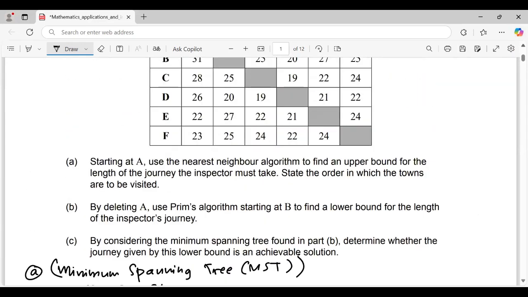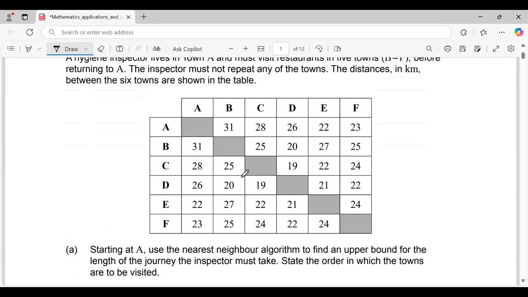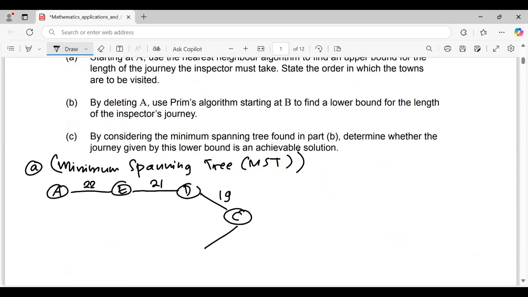So according to this theory that we cannot repeat, it means after 19, E already visited. We have visited E, and then after E, 22, 24, F. F haven't yet visited. So it means F.